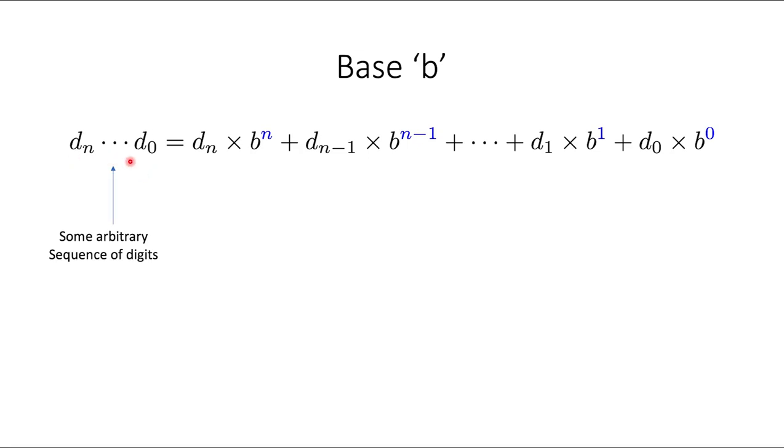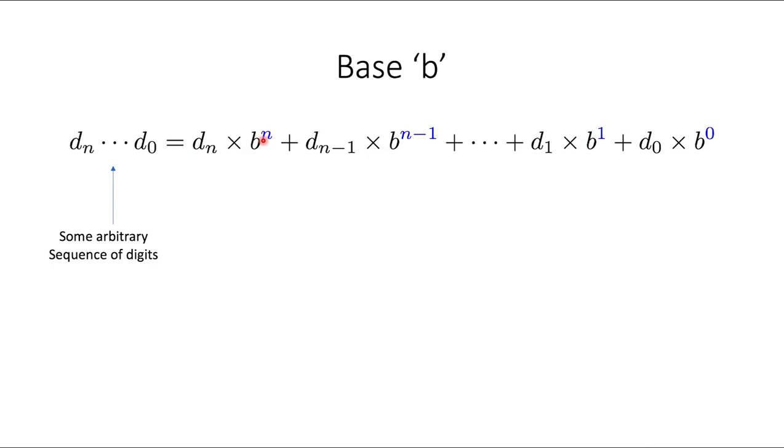So this is some arbitrary sequence of digits, dn all the way to d0. And it means something similar to what we meant in the base 10 system, but now we've replaced 10 with b. So d0, which is in the ones place, now represents d0 times b to the 0. d1, which is in the b place, represents d1 times b to the 1, all the way up to dn times b to the n.